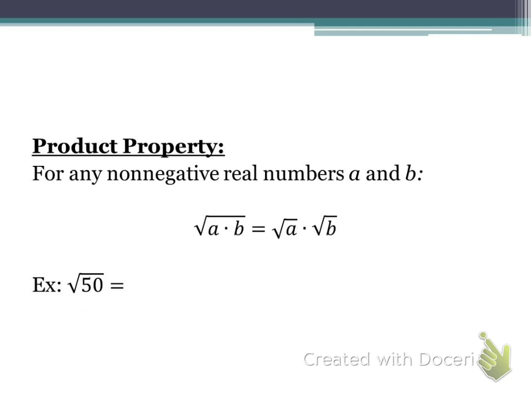So I'm going to write this as the square root of 2 times 25. We all agree 2 times 25 is 50? So this property says that if I split this up into a product or a multiplication problem, then I can split my radical over each number that's under there getting multiplied together. So this would be the same thing as the square root of 2 times the square root of 25.